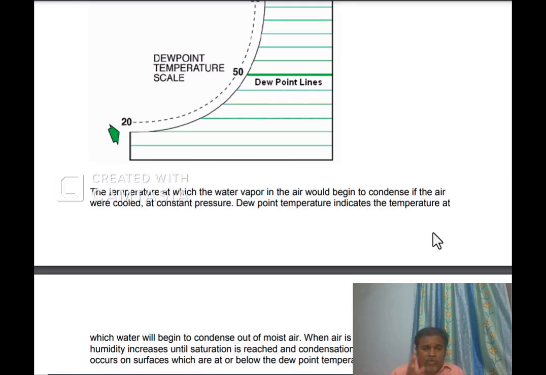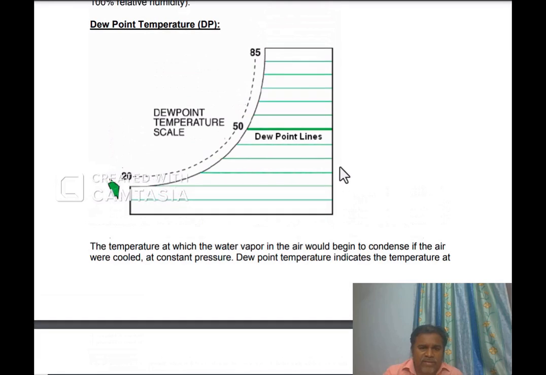The temperature at which the water vapor in the air starts converting into liquid is called the dew point temperature. At that temperature, the water vapor present in the air starts condensing into water. So you have to understand, at constant pressure the air would start condensing from vapor to liquid.